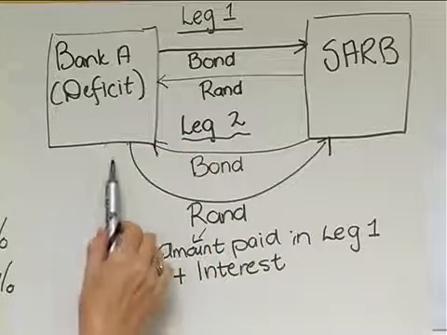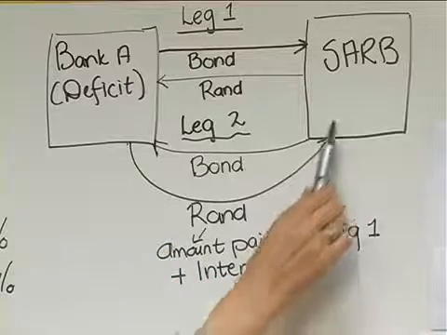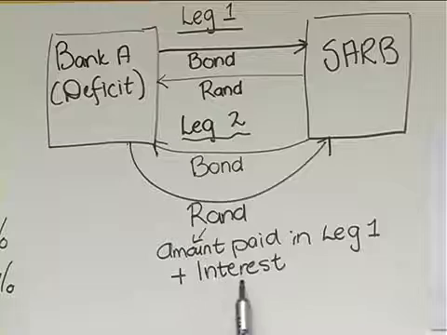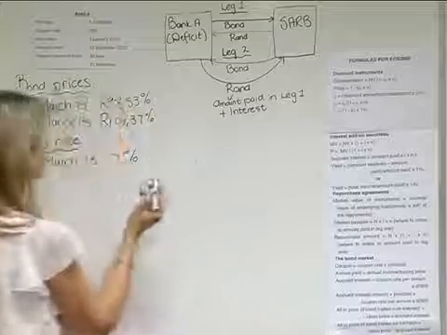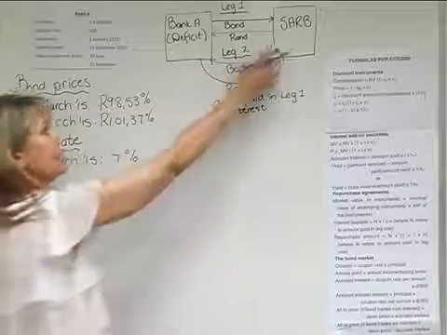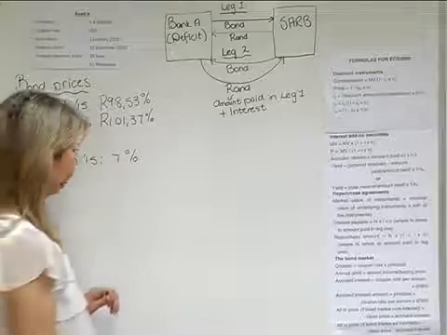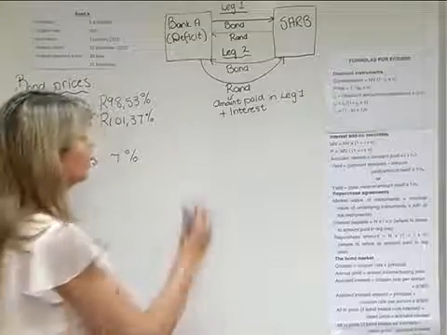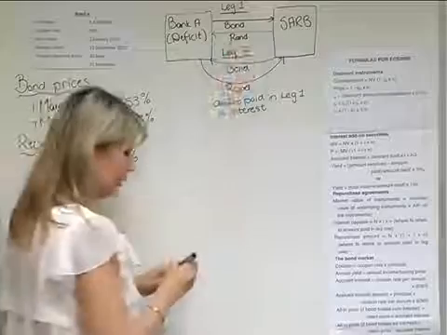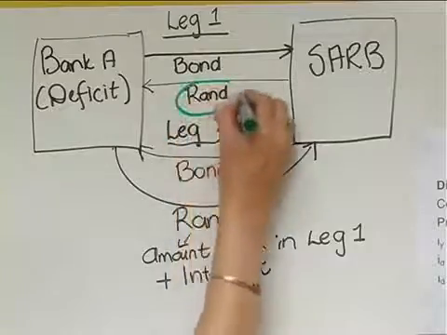And in the second leg, the amount that was paid in the first leg is going to be paid back to the Reserve Bank plus interest. And this interest is going to be calculated at the repo rate, which is set by the Reserve Bank. So what we want to do now is calculate the amount that is going to flow in the first leg.